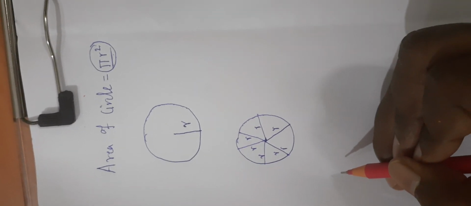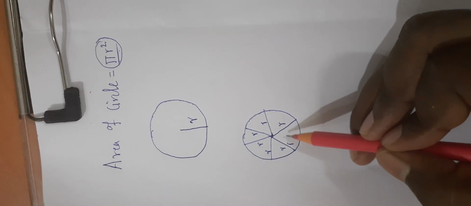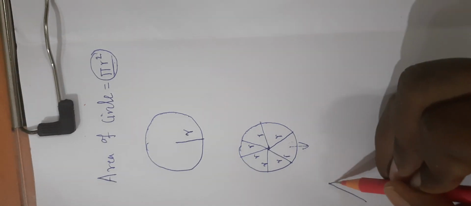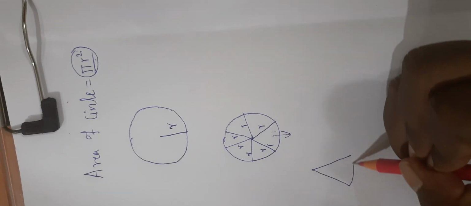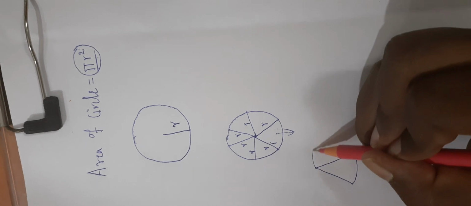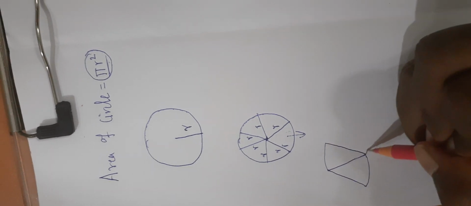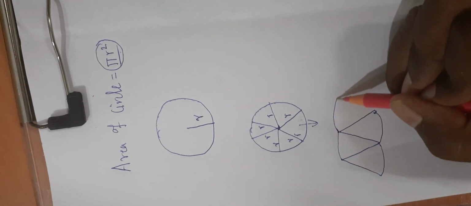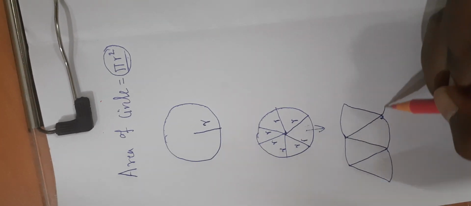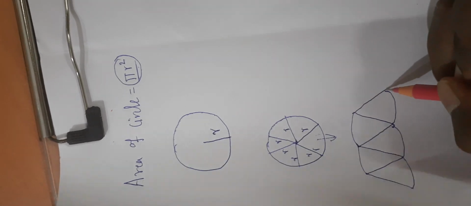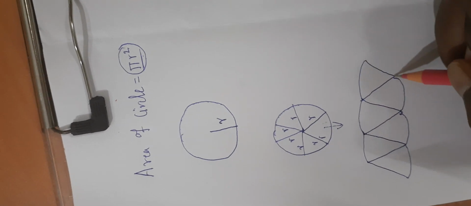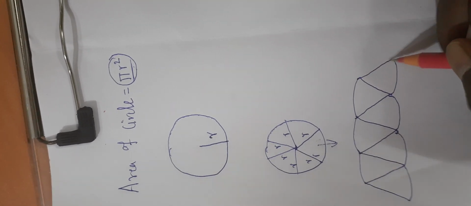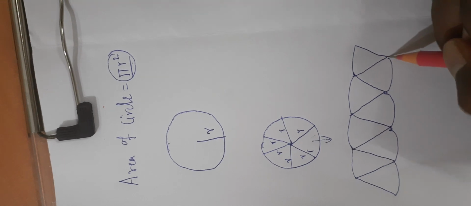Let's see, after arranging these triangles or sectors, what we get. Let's say this is the first piece which I'm drawing in front of you. This is the first piece, this one is second, this one is third, this is fourth, this is fifth, this is sixth, this is seventh, and this is eighth piece.